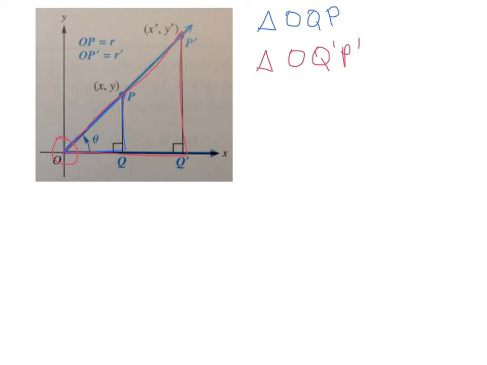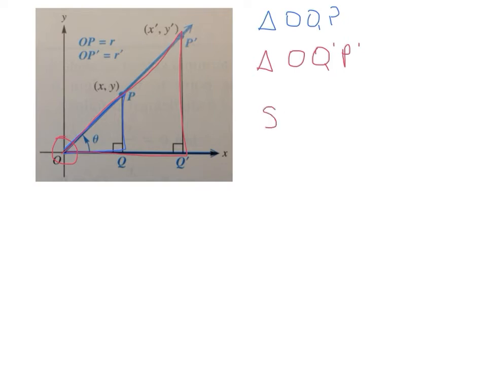Now if you can remember from geometry about similar triangles, angle theta is the same for both triangles, and they both have right angles, which means that these are similar triangles. It forces the third angles here to be the same. The significance of this is that regardless of which point P or P prime you use, the sine of angle theta is always going to be the same because they are proportional.